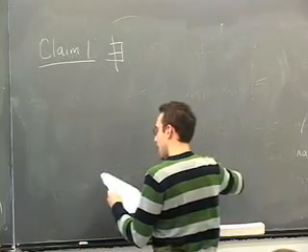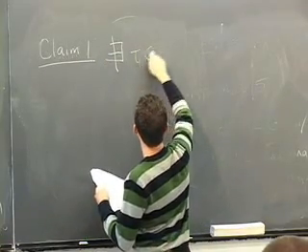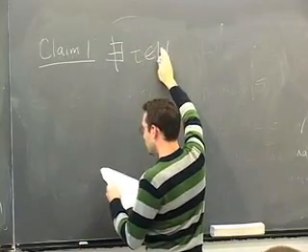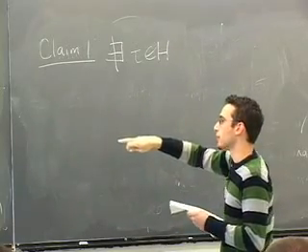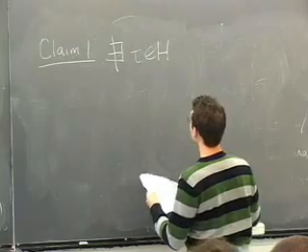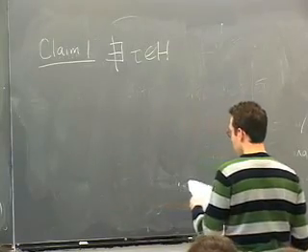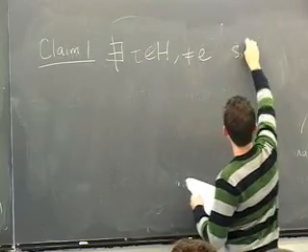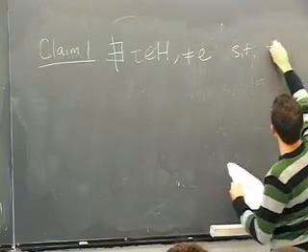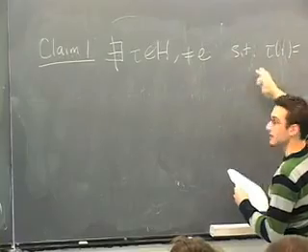First claim is that there does not exist an element of H. So remember, H is this putative, non-trivial proper normal subgroup of G. There does not exist tau in H other than the identity such that tau fixes some i.